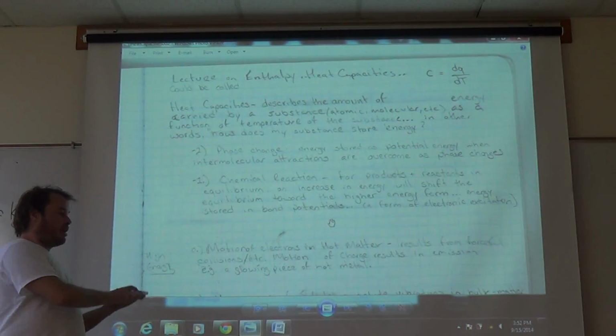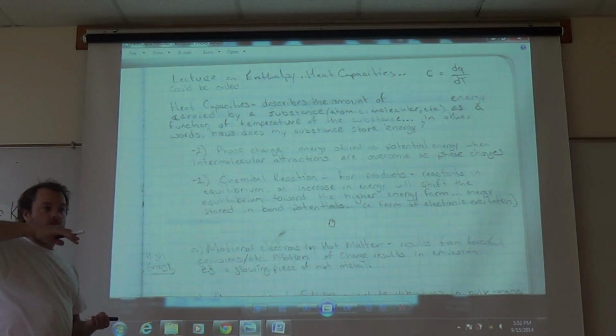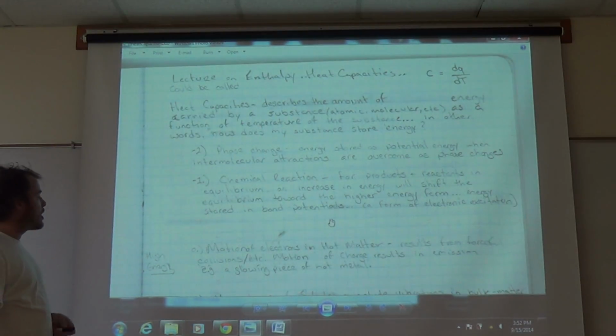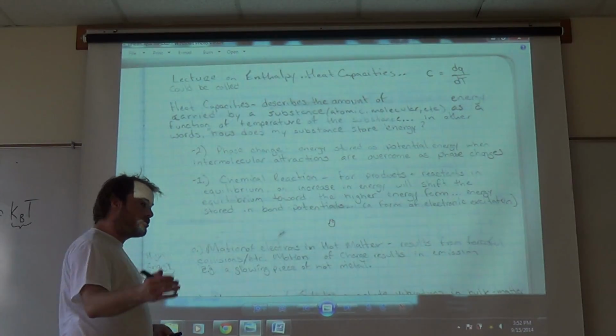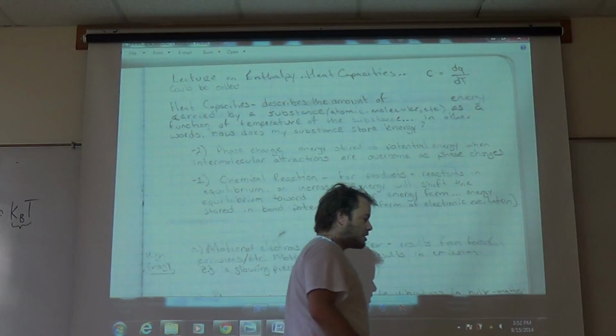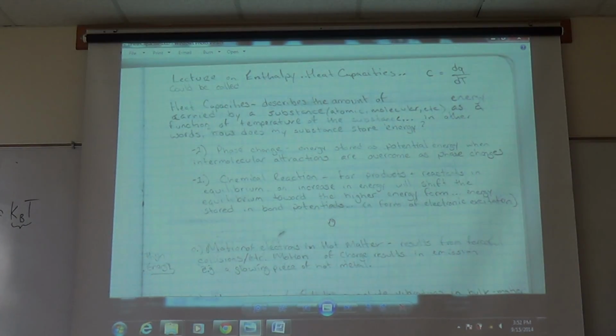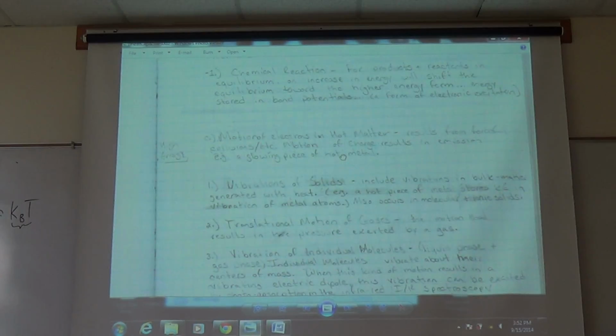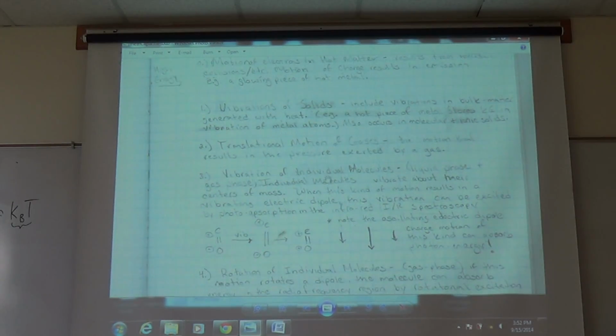If you go from a low bond potential to a high bond potential and reactants go to products, then you're storing energy. We saw how motions of electrons were able to store energy because of the potential energy between the electrons. This also leads to radiation. And we looked at translation, rotation, and vibration of molecules.